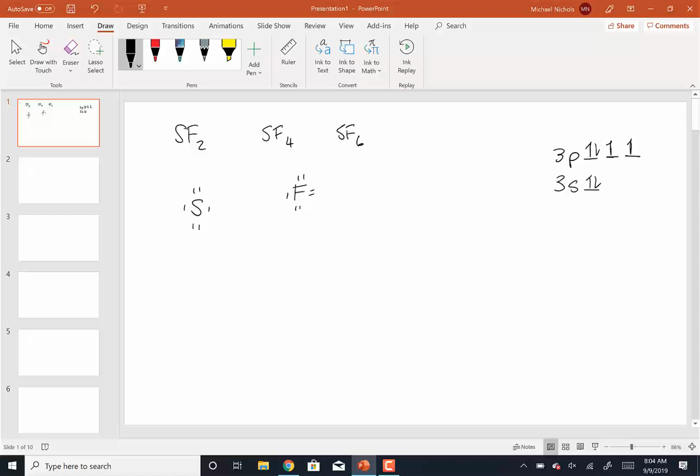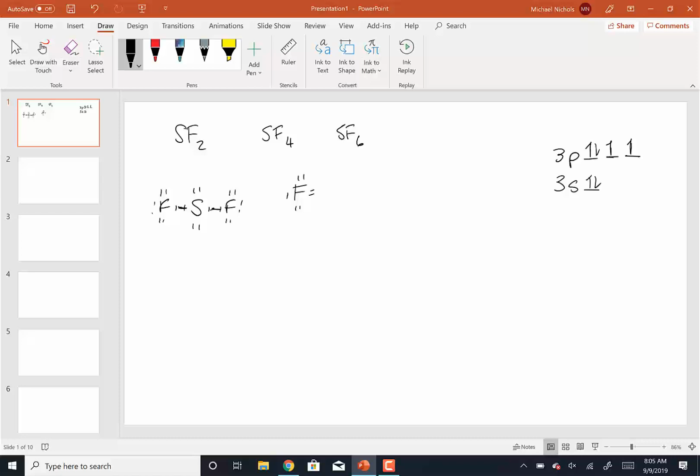So if I want to form SF2, all I need to do is add a fluorine to one side and then a fluorine to the other. Share those electrons, so now I have my SF2 molecule, which would be analogous to H2O in terms of looking at the geometry.